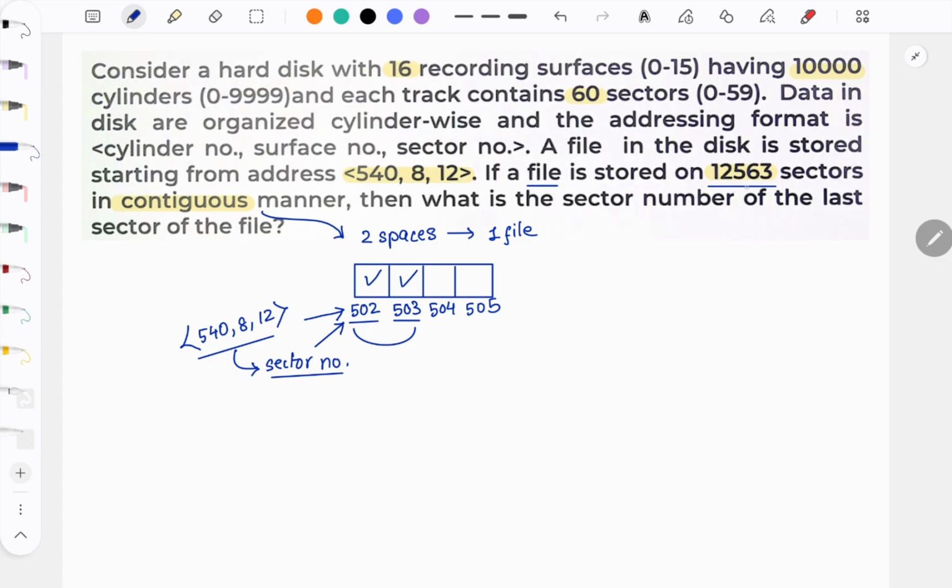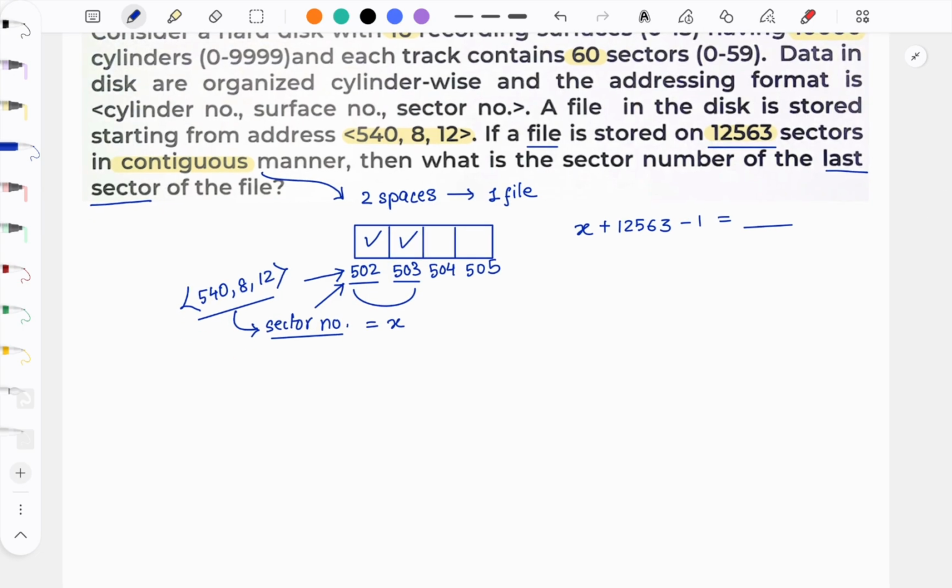Now this file will take this many sectors; let's consider this as x. We'll add this 12563 and remove 1 from this, and we'll get the final answer, the last sector number of this file. So let's proceed. We'll find out the number of sectors per cylinder.